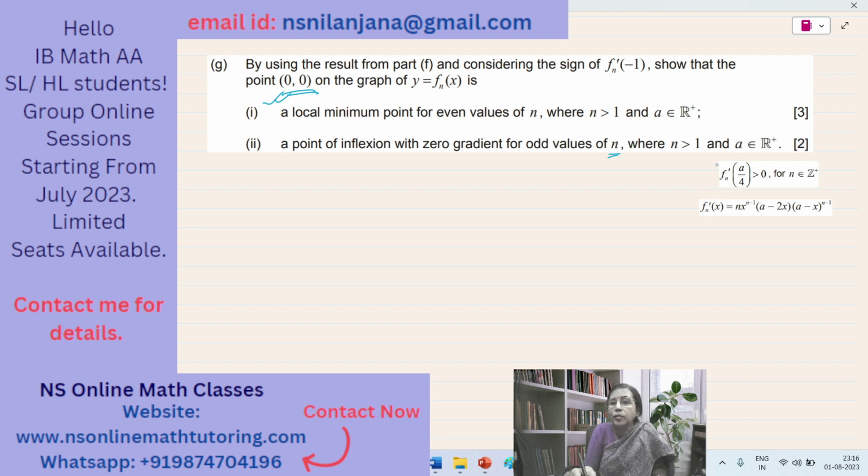And this was the result for the subpart F, that is if f n dash of A over 4 is a positive number, greater than 0.